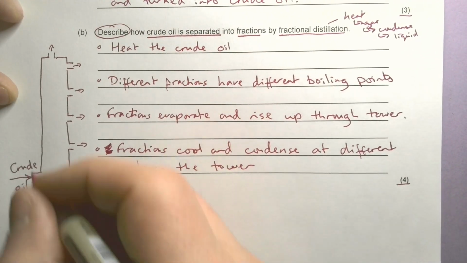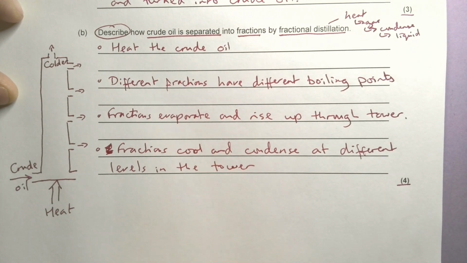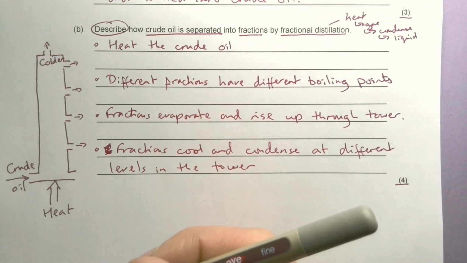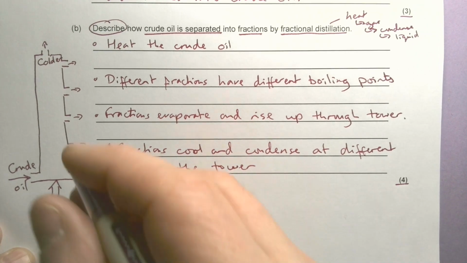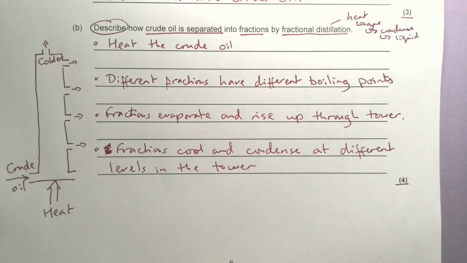It's hot there, it's colder at the top, and the fractions are coming out at different levels. That might help you think about that diagram.